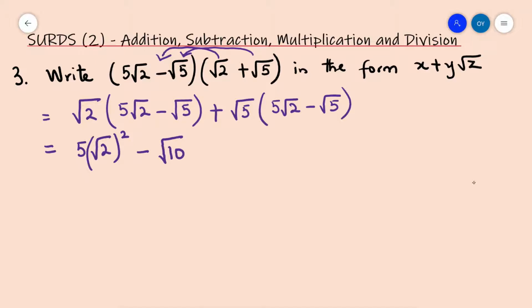Then plus root 5 multiplied by 5 root 2, that gives us 5 root 10, because root 5 times root 2 is root 10. Then plus times minus is minus. Then root 5 times root 5, we have root 5 all squared.